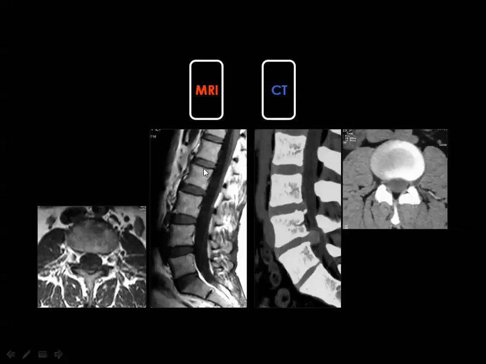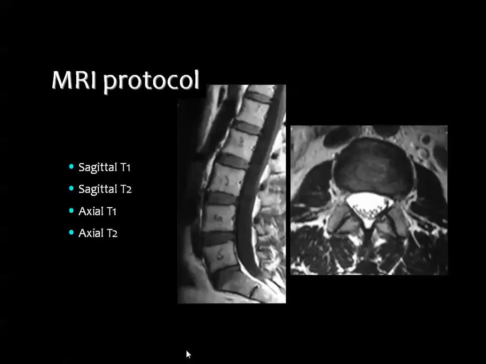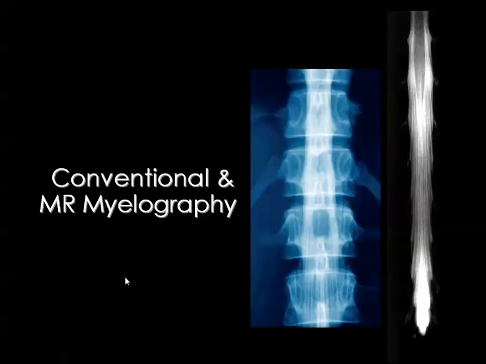The vertebral end plate is black in T1, T2, and any other pulse sequence. And also you can discriminate between the axial CT image and the axial MRI T1 weighted image. And the protocol of MR examination of any segment of the spine should include sagittal T1, sagittal T2, axial T1, and axial T2.